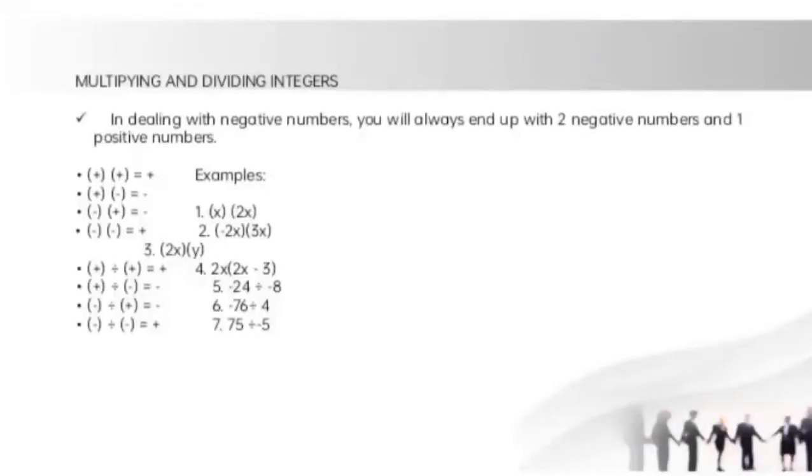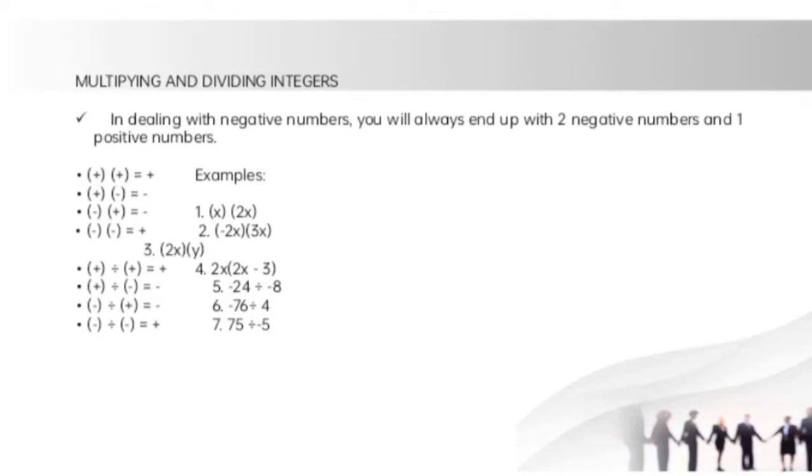Now we're on the exciting part in integers. It is multiplying and dividing integers. Multiplying and dividing integers are just the same. In dealing with negative numbers, you will always end up with two negative results and one positive. As you can see here, positive times positive will be equal to positive.